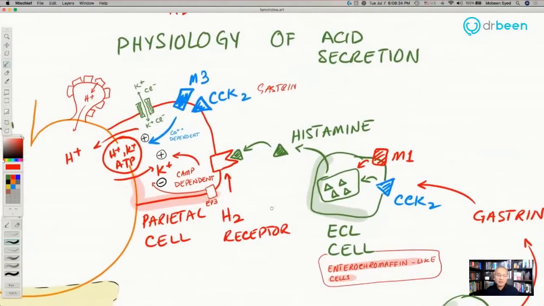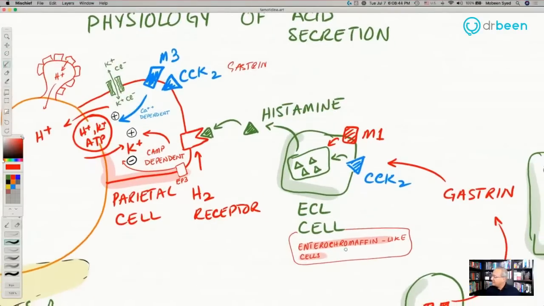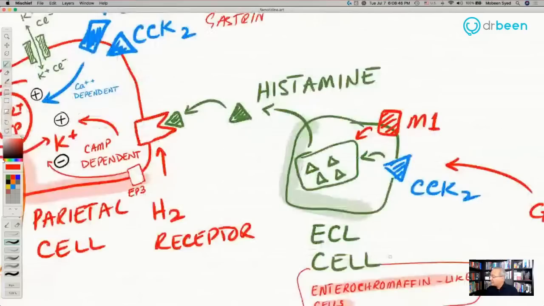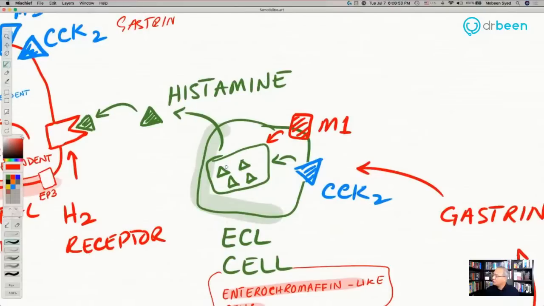In the same layer of the stomach, there are cells that sit slightly deeper than the parietal cells. These are called ECL cells, or Enterochromoaffin-like cells. These cells can produce histamine and release it.